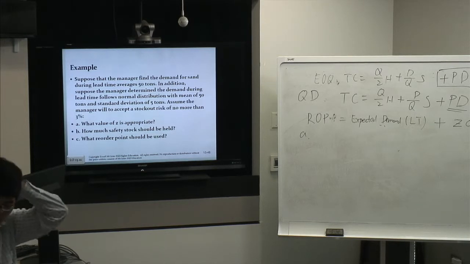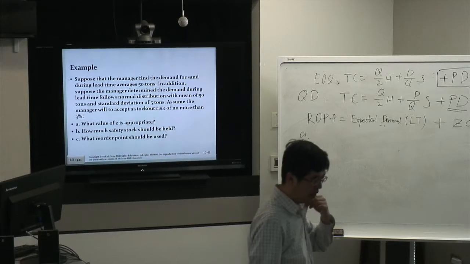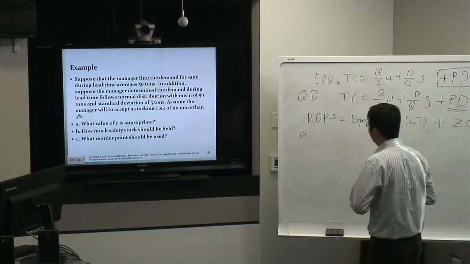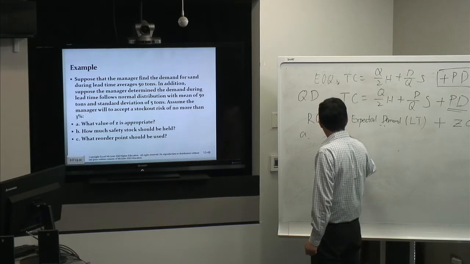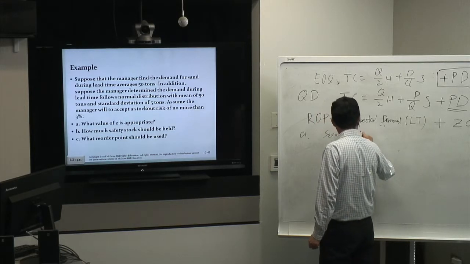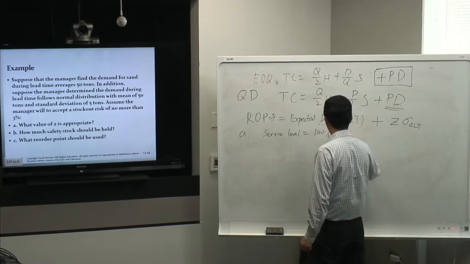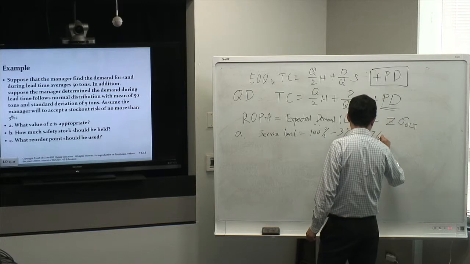So when you have that, you find the 97th percentile critical value. Service level is equal to 100% minus the stock out risk, which is 3%. So we get service level is 97%.